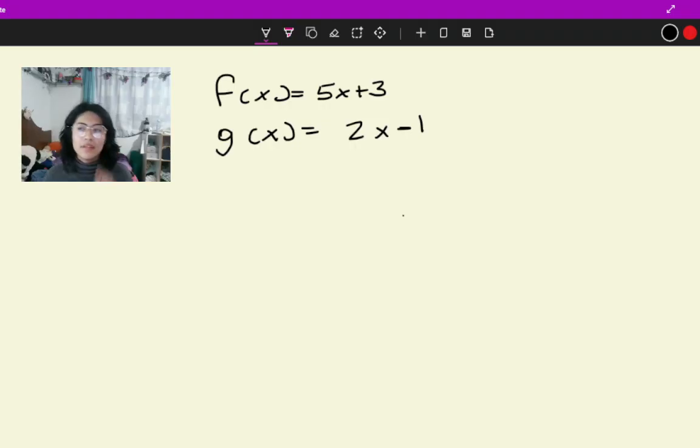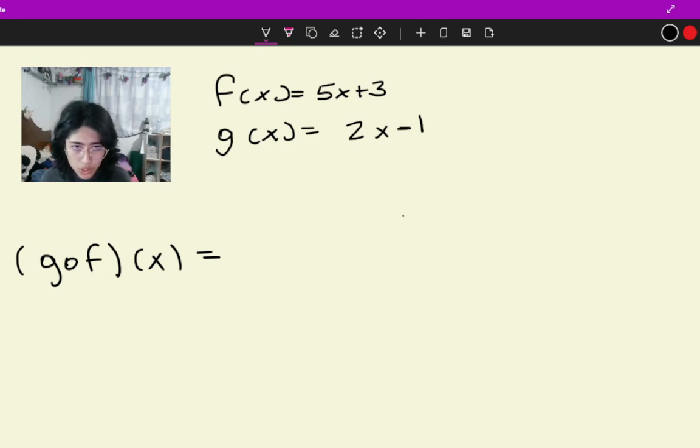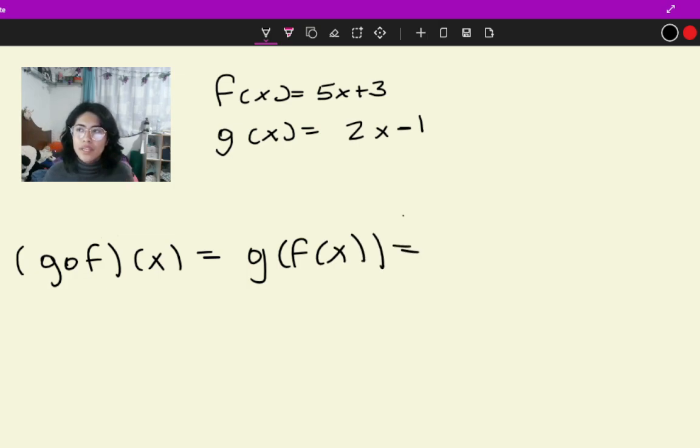Now, for g composition f of x, as in each x of g we are going to substitute f, we start by typing the function g of f of x, but in the x we are going to put a parenthesis.